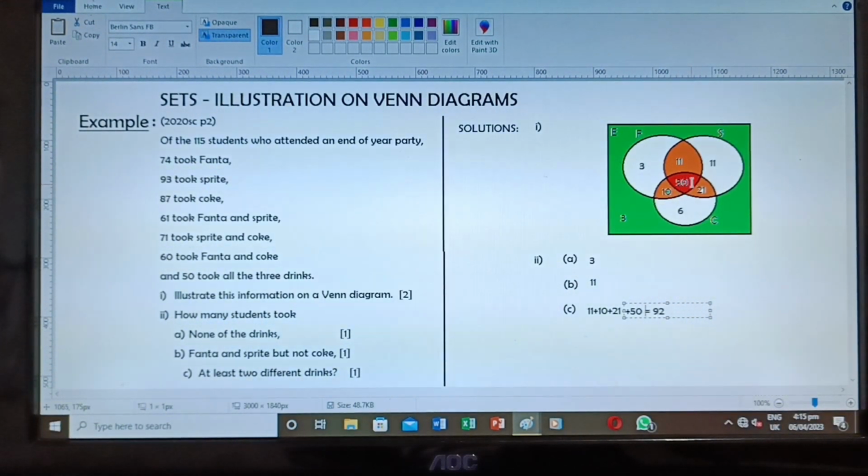We have included 50 here because of the word at least. At least means those who took 2 and more. So those who took 2 were 42, 10 plus 21 plus 11, and those who took 3 were 50. So that's why we also included 50 here, because the question says at least 2 different drinks.